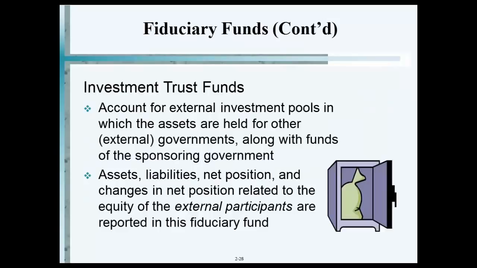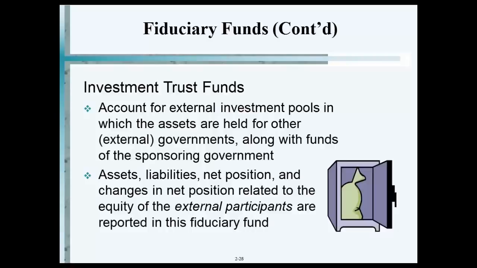Investment trust funds. And this is another area. And again, how do I describe this? Okay, so in New Jersey, if you were a town, New Jersey has lots of, as you said, 560 some odd municipalities. Every town has a little cash that they want to invest. So rather than go to their local banker and say, hey, we have this cash which we want to invest with you, what the state has done is created a cash management pool for all its municipalities and the state itself.